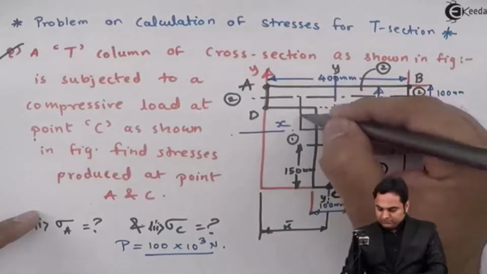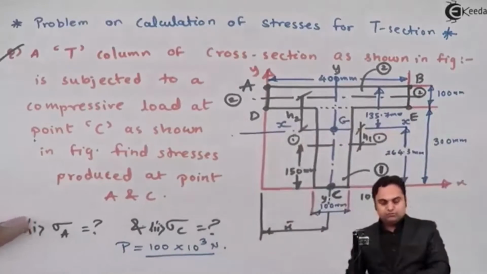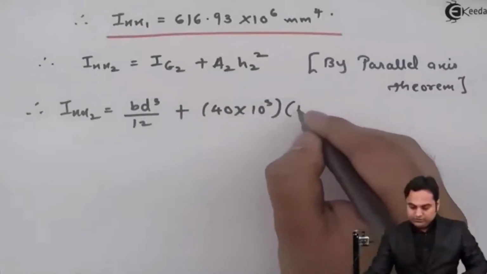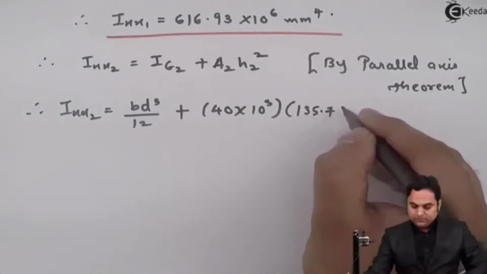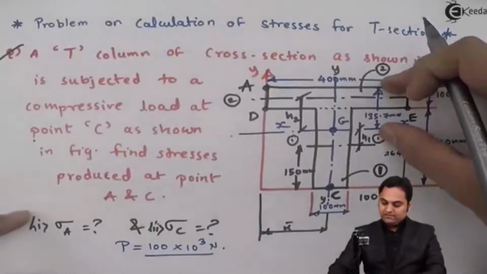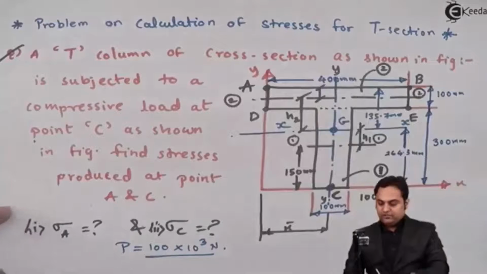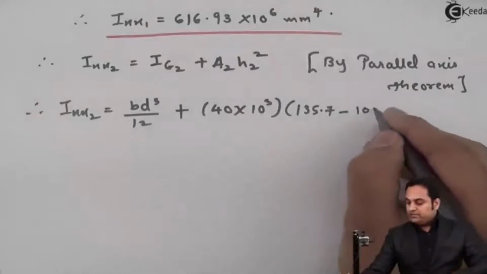So the distance between the two axes is h2. So it is 135.7 minus, from 135.7 I'll subtract half of 100, so minus 100 by 2.